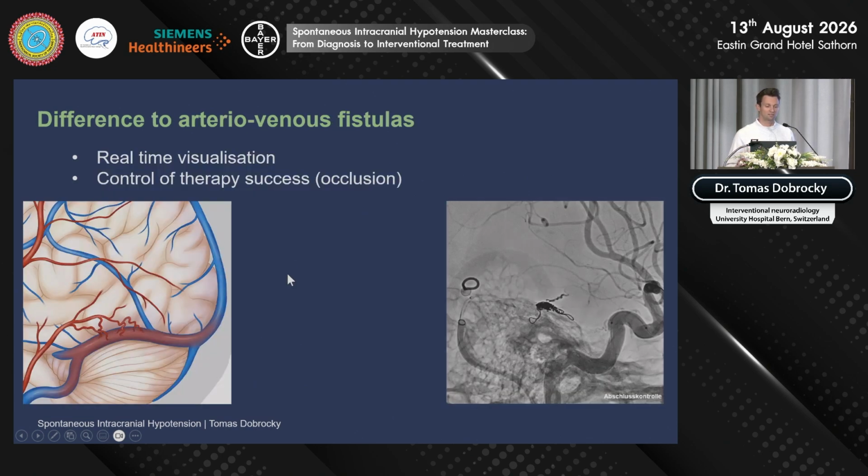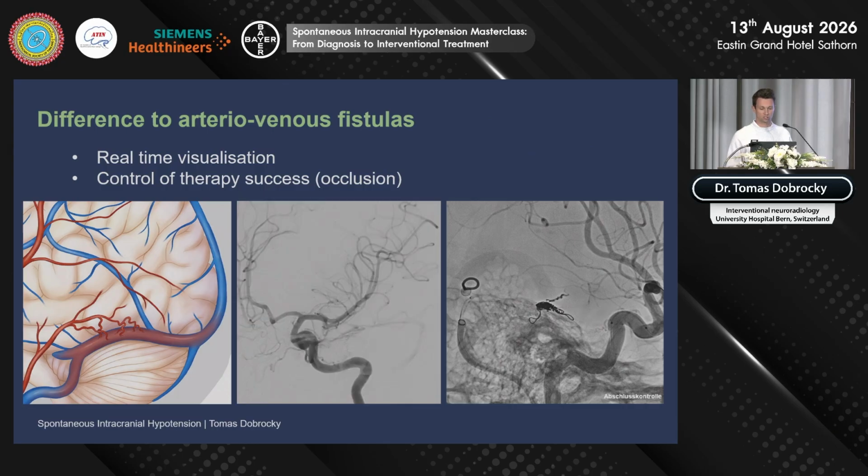There is great technical importance when we are considering embolizing a CSF venous fistula. If we consider arteriovenous fistulas, we are able to control the flow. We see the fistula during our procedure, we can control the success of our therapy, and we know when complete occlusion was achieved. As in this case, for example, there was a fistula on the superior petrosal sinus; this is the artery, this is the vein, quite clear anatomy.